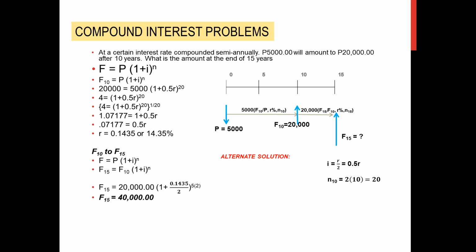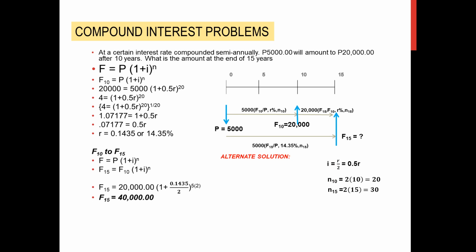So as an alternate solution, you can actually make use of the present up to the 15th year instead of using the F10. You can always use the principal or the present worth at year 0, so that you can compute N15 is equal to 2 by 15. So twice a year at 15 years is equal to 30. So we forward that 5,000 by multiplying it by the single payment compound amount factor.